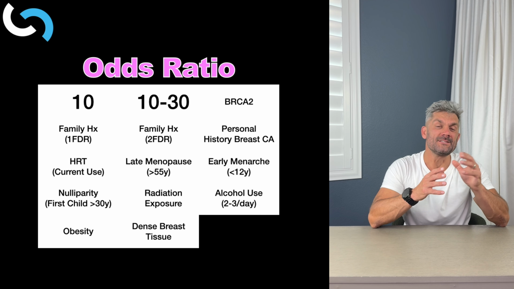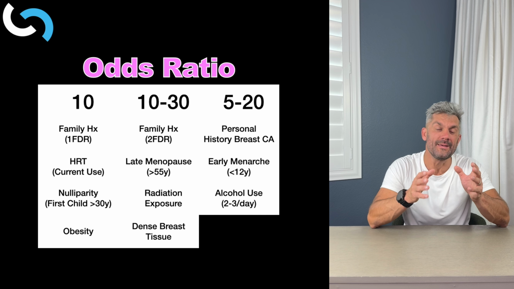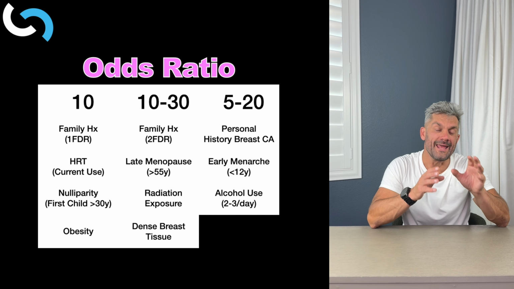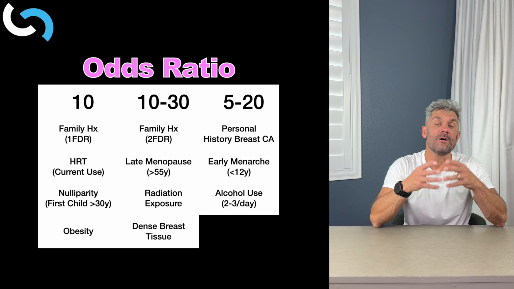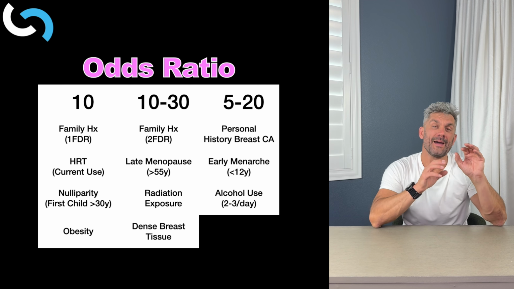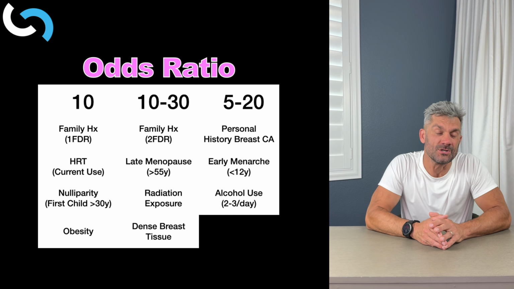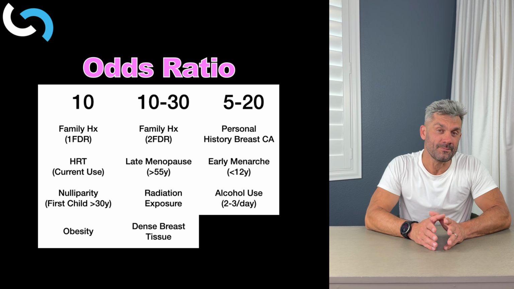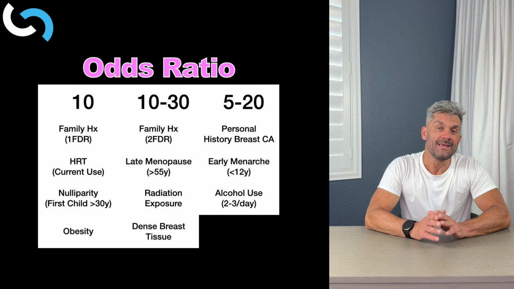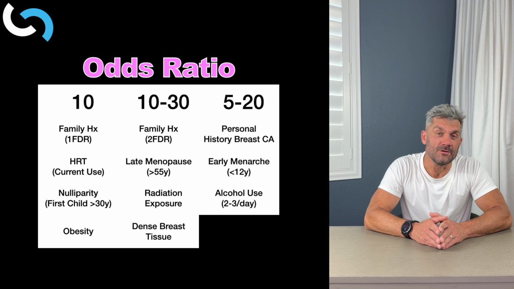Well, that risk is 5 to 20, so a big range with this genetic predisposition to breast cancer. Now, it's important to say when we're talking about genes in breast cancer that the vast majority of breast cancer is sporadic, say 90 to 95%. And a small percentage is inherited due mainly to BRCA1 and BRCA2. And again, we're going to talk about that in future videos.